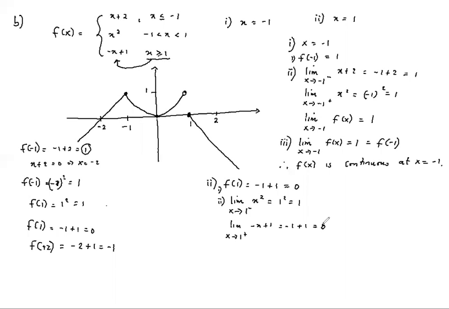Now, because the limit as x goes to 1 from left of f of x is not equal to the limit as x goes to 1 from right of f of x, then the limit as x goes to 1 of f of x does not exist.